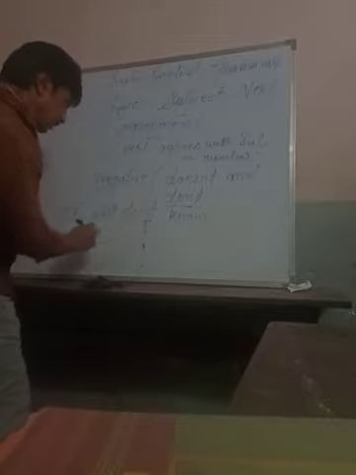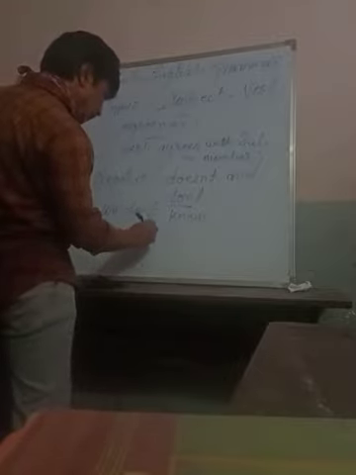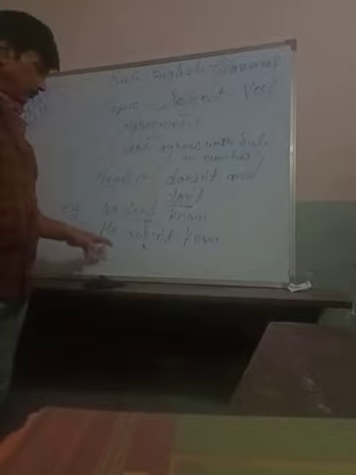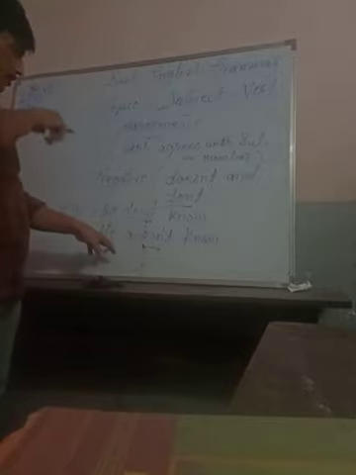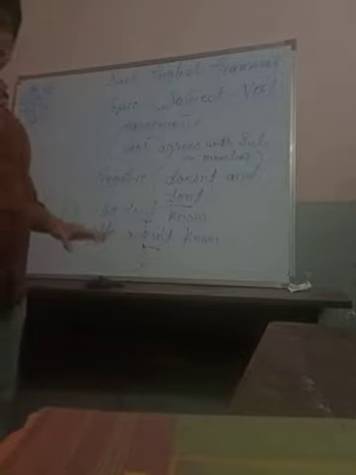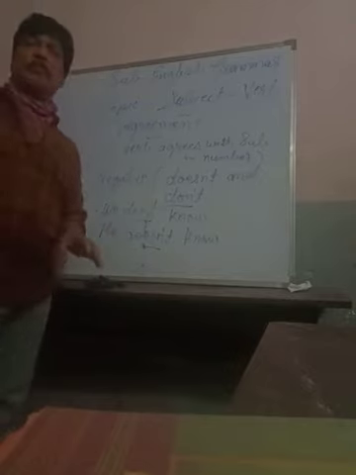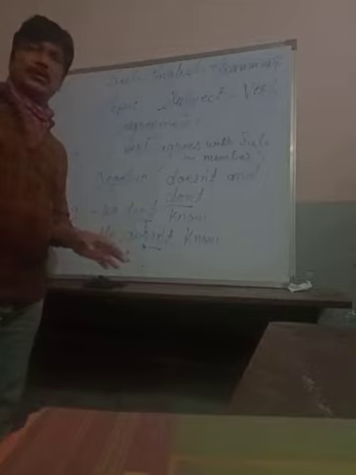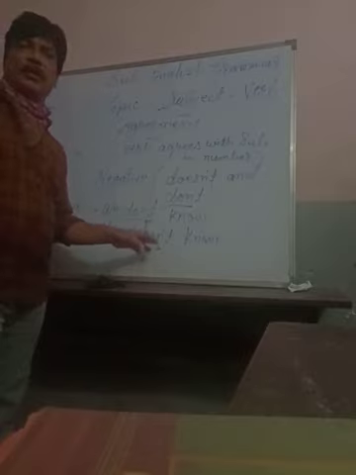In another sentence we see: he doesn't know. In this sentence you can see doesn't came here, because the verb is agreeing with the subject he. He is the third person singular, and as you know, when the third person singular is used in the simple present tense, the verb always takes s or es.